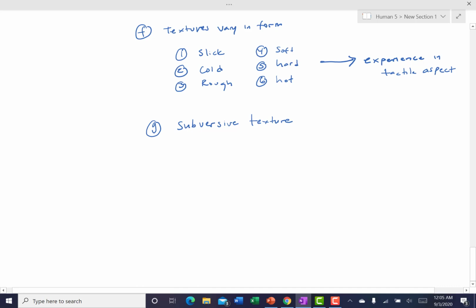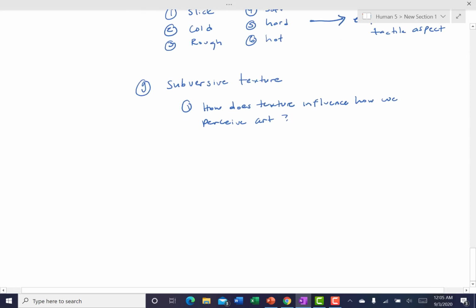Is that question: how does texture influence how we perceive art? Well, that idea that we have associations with textures based on experiences, just like with mass and volume.